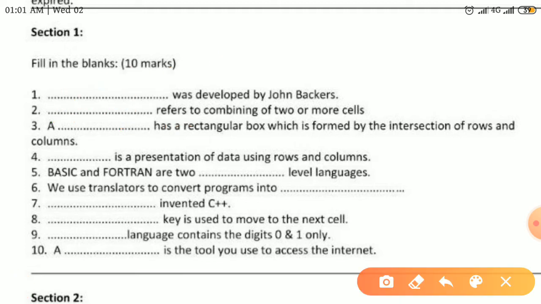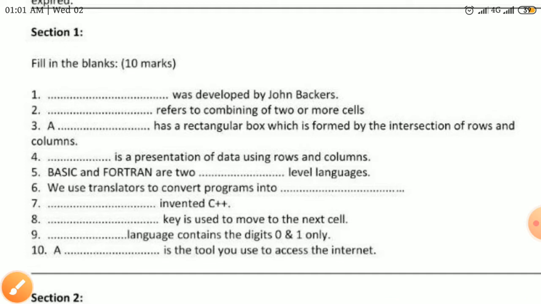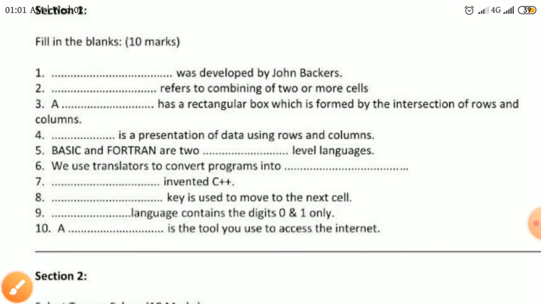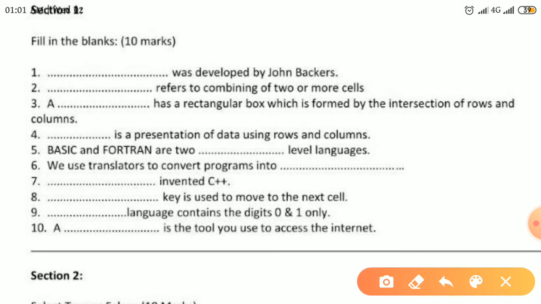Now, see the third one. A dash has a rectangular box which is formed by the intersection of rows and columns. The answer is cell. C-E-L-L, cell. Now for the fourth one, dash is a presentation of data using rows and columns.